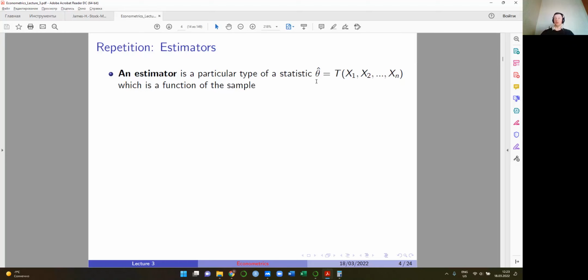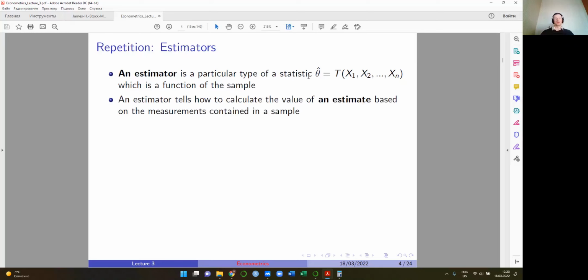And the rule how we do this calculation is called an estimator. And we are using these estimators all the time in statistics. So an estimator tells how to calculate the value of an estimate. So an estimate is a value, a number. It's one particular outcome of this estimation procedure based on the measurements contained in the sample.